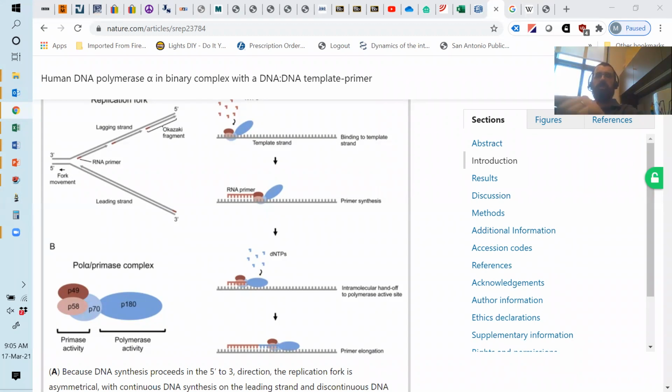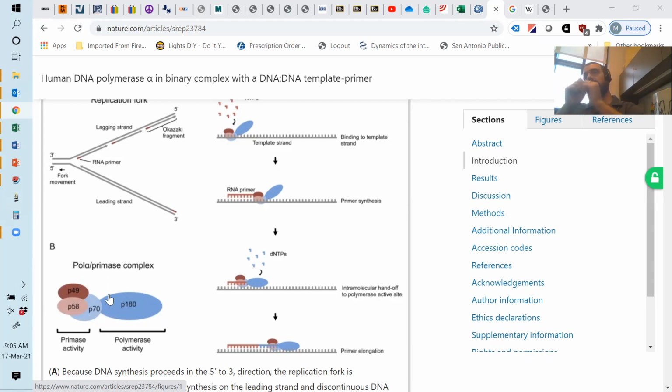Each of those subunits, each of these smaller proteins here, is encoded by a separate gene, right? It's not one gene for the whole of DNA polymerase alpha, it's 4 in total. But when these are synthesized, they just fit together, automatically assembling in the right shape.